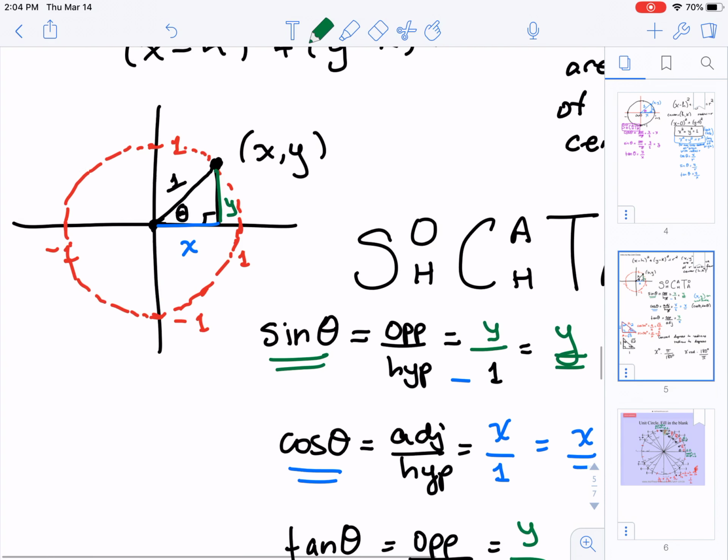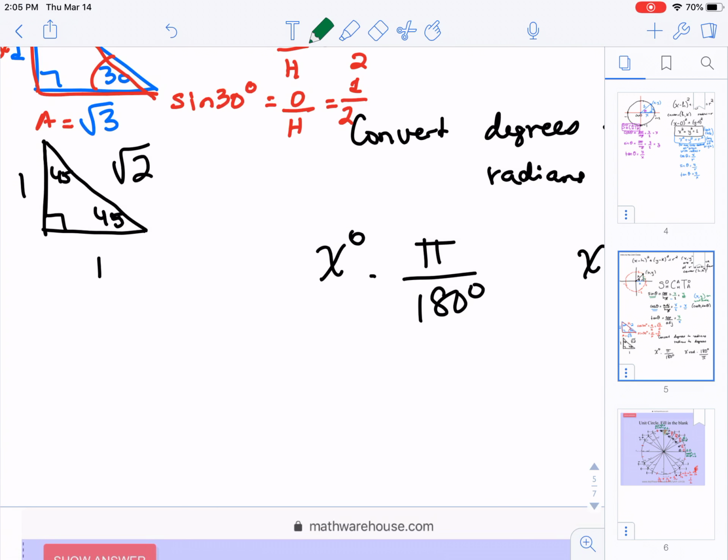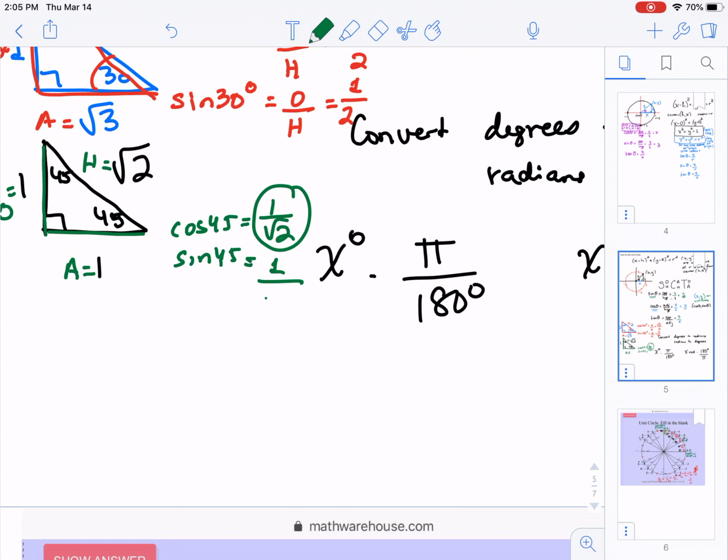Okay, back to our special right triangle. We want to know the 45s. Cosine of 45 and the sine of 45. The cosine of 45 is going to be adjacent over hypotenuse, which is 1 over radical 2. Now this can be written a different way as well. Let's do sine of 45 and then I'll show you. Opposite here is our 1, so we have 1 over rad 2 for our sine. And then what we can do with the 1 over rad 2 is we can rationalize it.